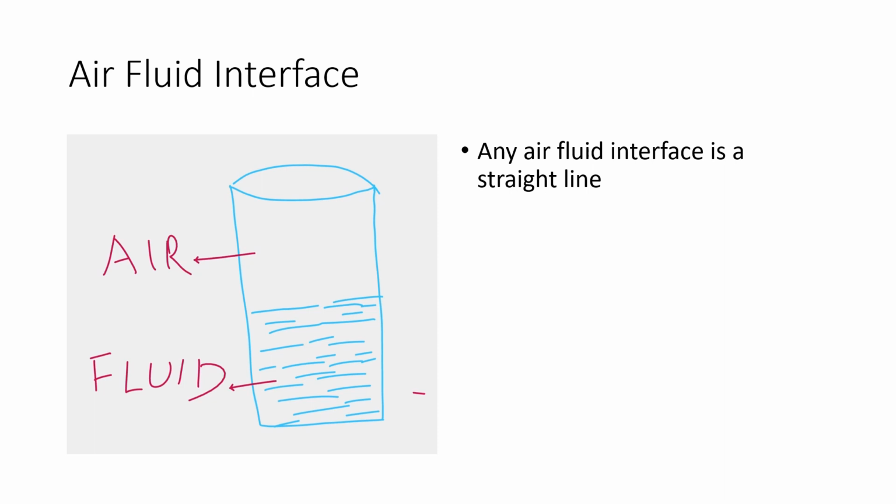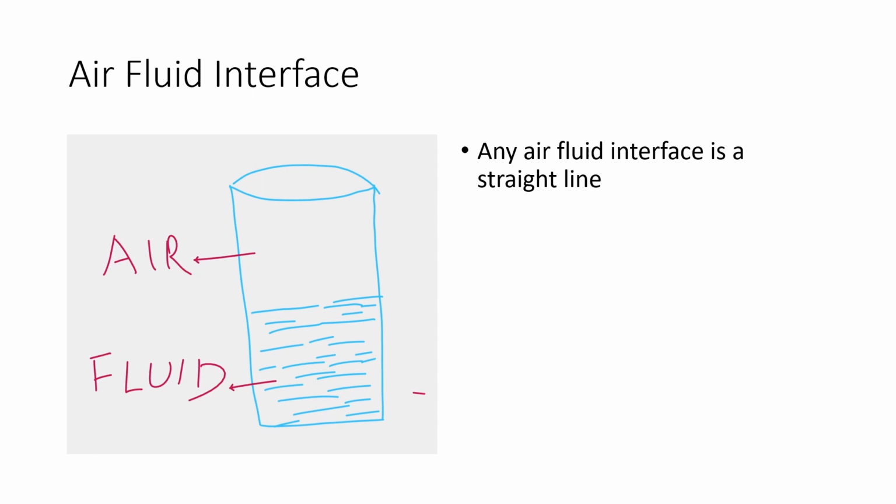Now the junction between the air and the fluid is a straight line when you view from the side, right? Because the atmospheric pressure makes sure that it is in a straight line across. Maybe there might be a small meniscus, but as you visually look at it, it looks like a straight line. So that is the air-fluid interface.